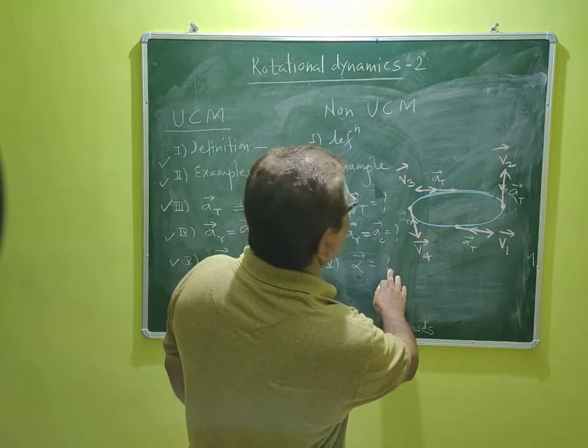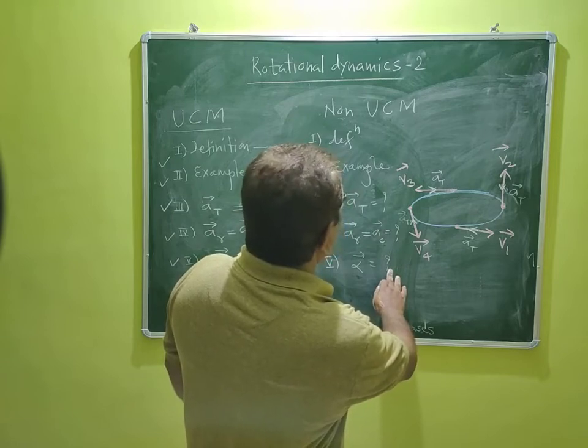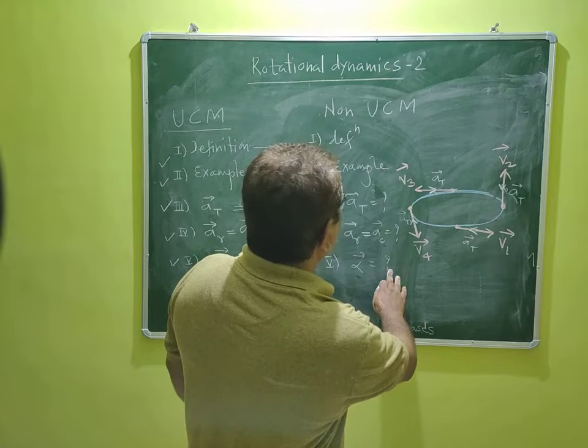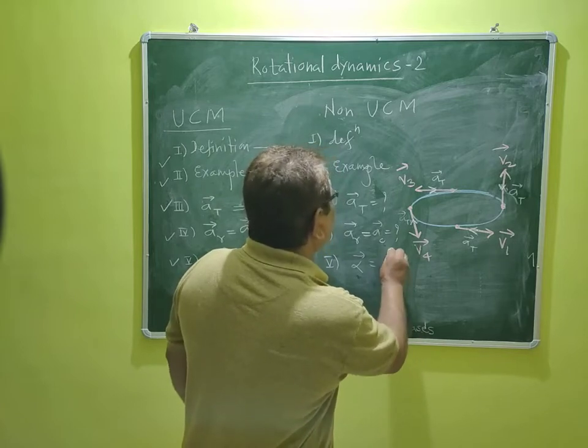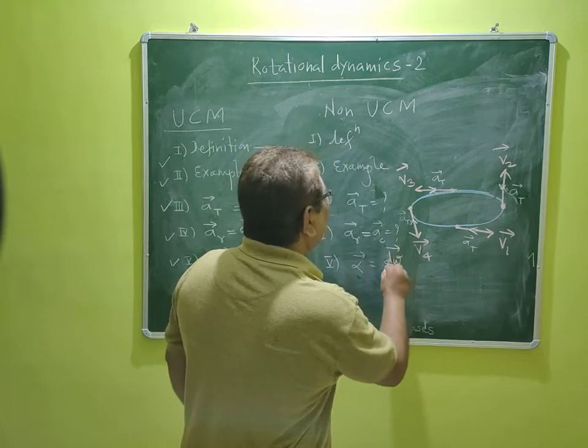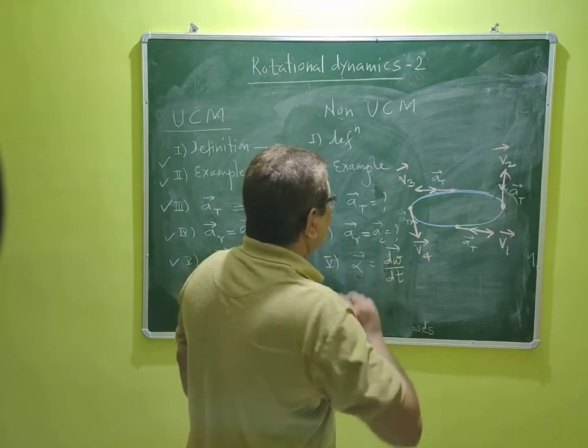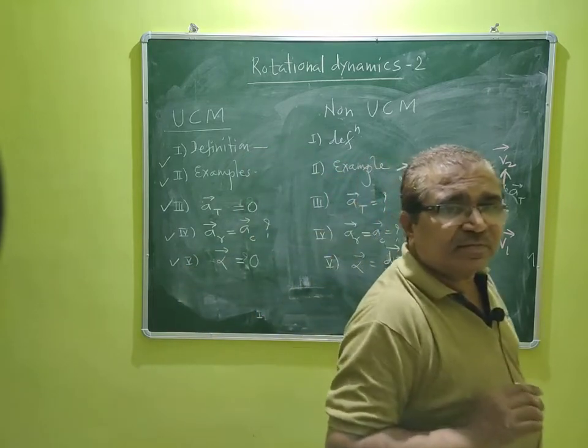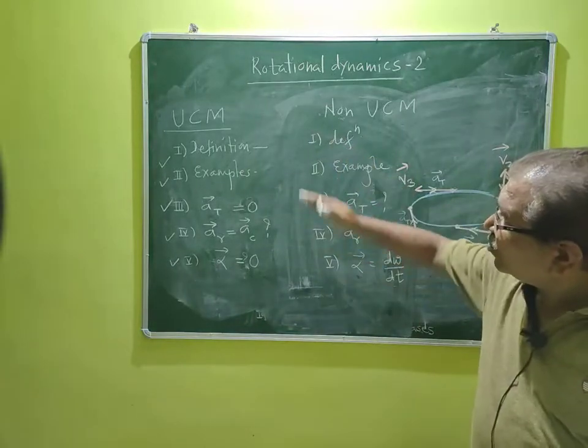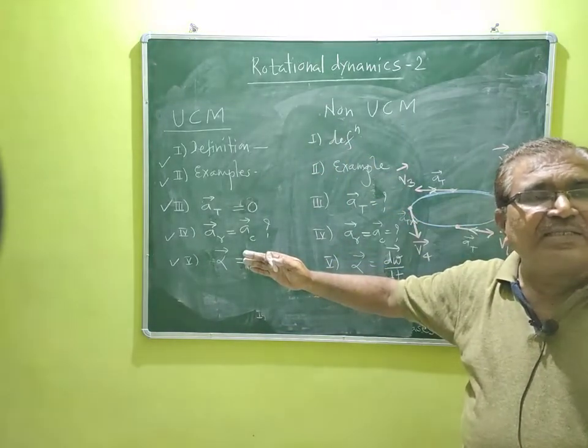That angular acceleration arises having the formula d omega vector by dt, like this. And from these 5 points we can easily distinguish.